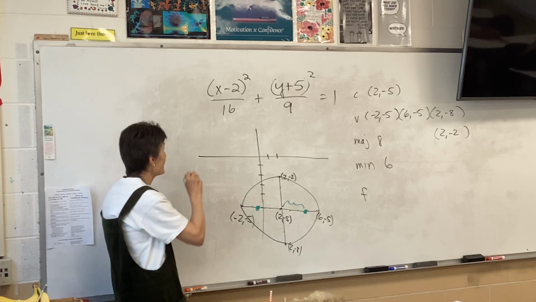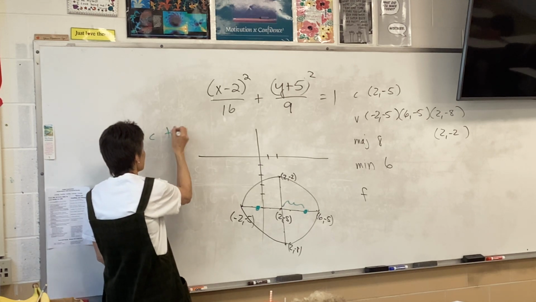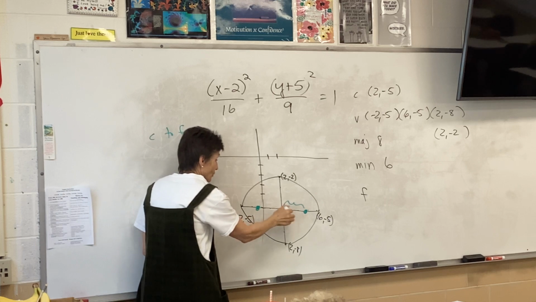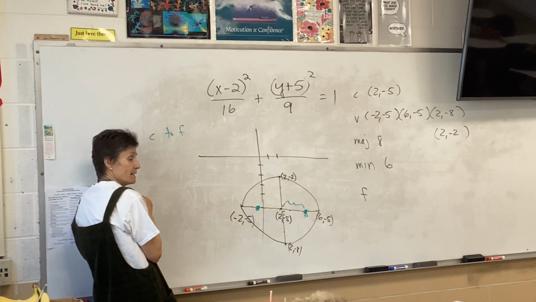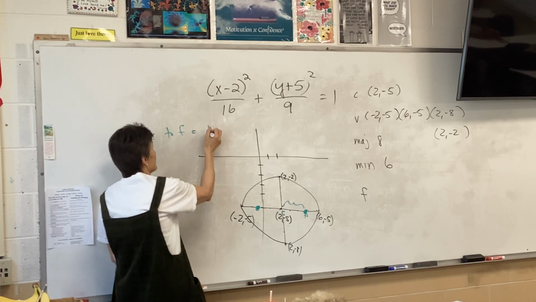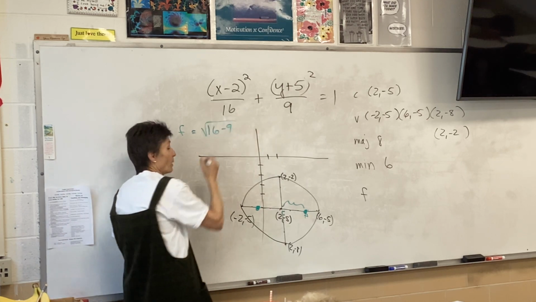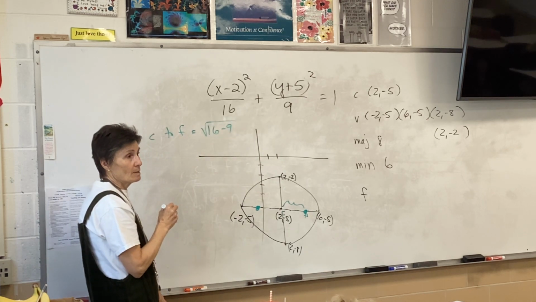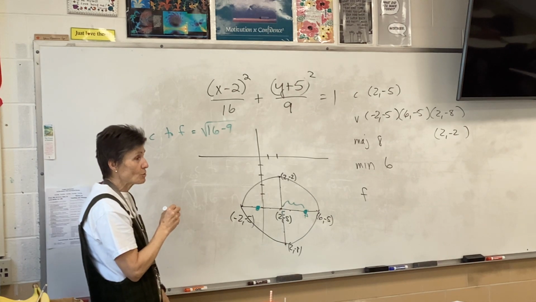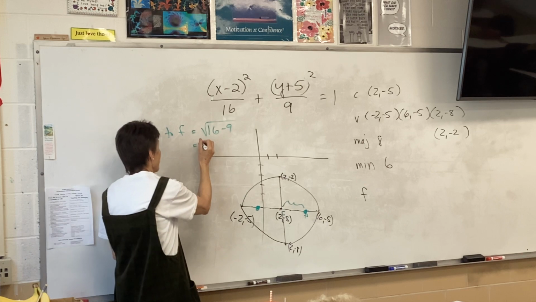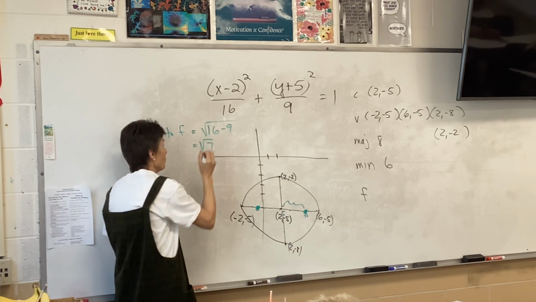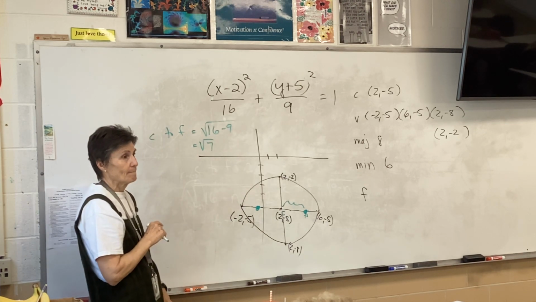How do we find how far it is from the center to the focus in an ellipse? 16 minus 9 square rooted. This is almost always a radical, so you're just going to have to deal with it. It's possible to not be a radical, but it almost always is.